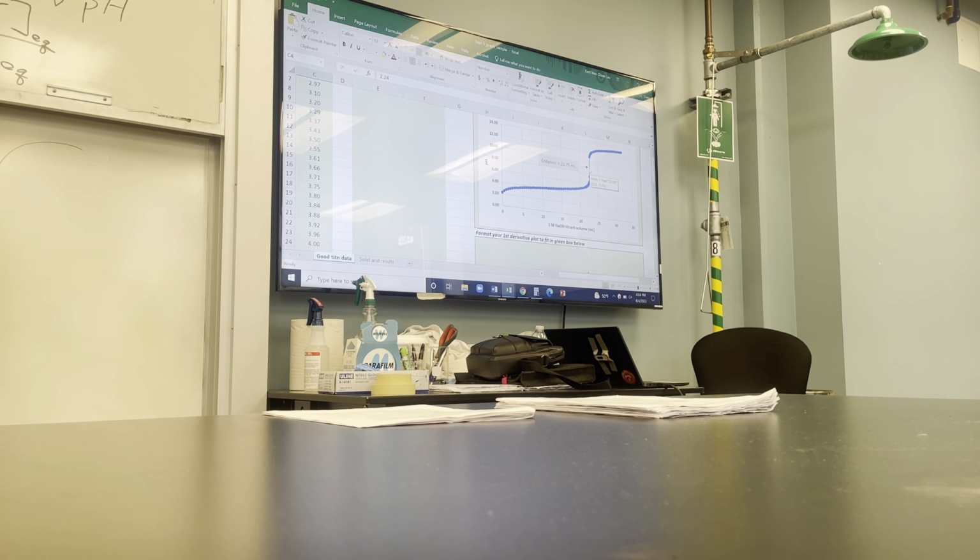So once you have the endpoint, you go down to the volume of the endpoint. So here's the volume. You find this volume and you're going to divide it by 2, cut it in half.